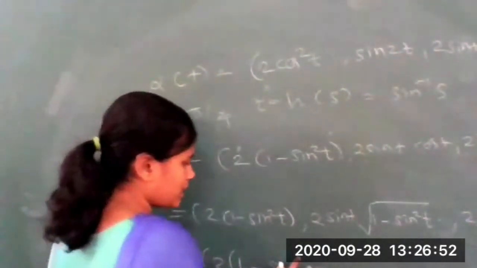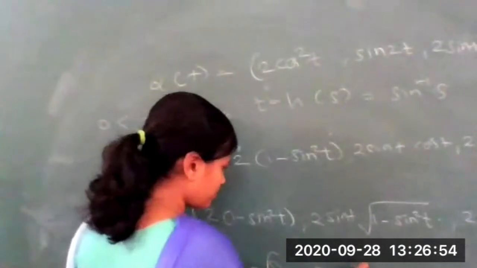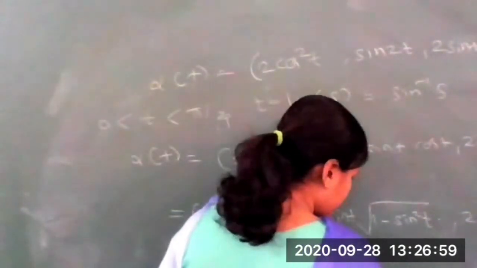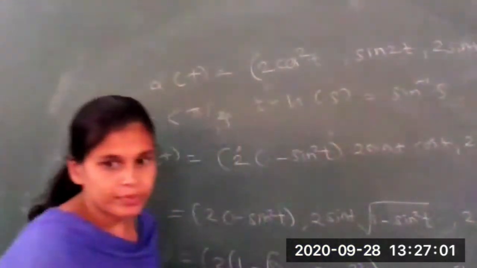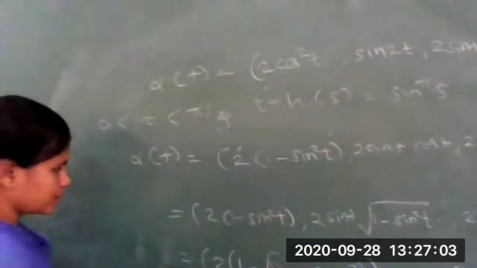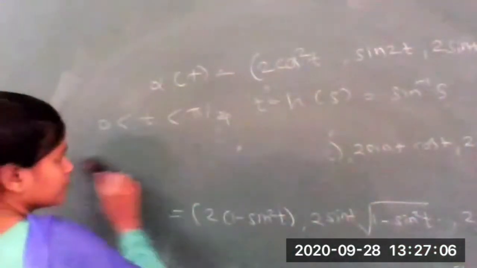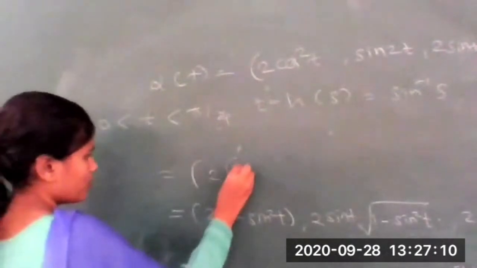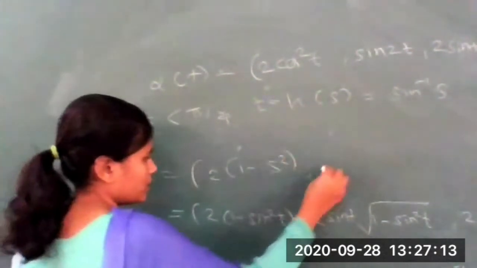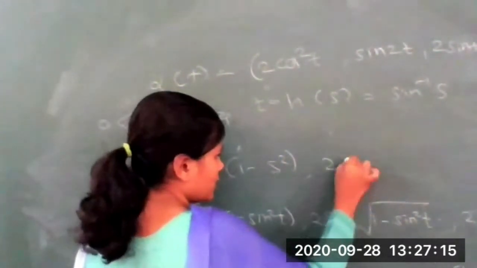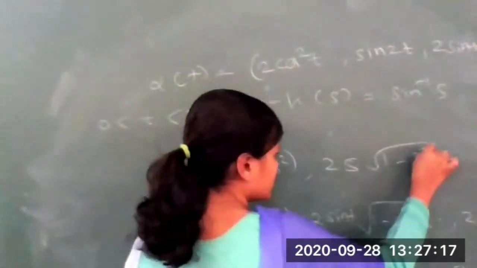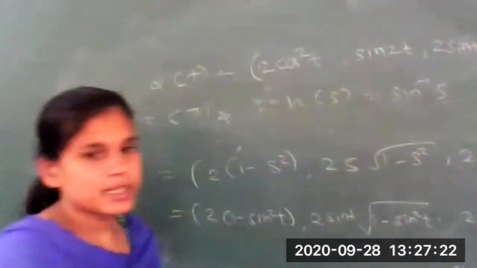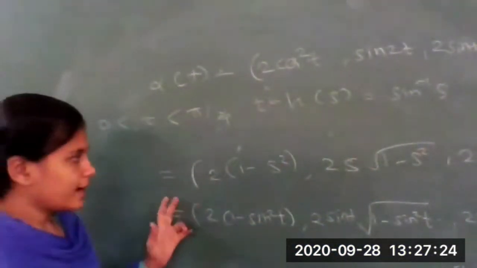So we get 2 into 1 minus sine square of sine inverse of s. The sine square gives s square, so this will be 2 into 1 minus s square, next is 2s under root of 1 minus s square, and next is 2 times s, since sine of sine inverse is identity.